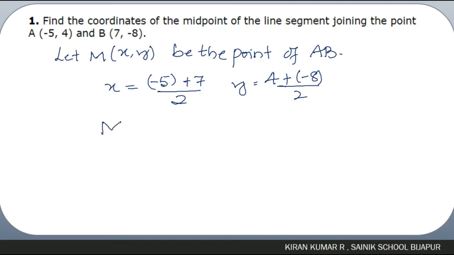So I can write M(x, y) equal to M(1, -2). Therefore, the coordinates of the midpoint is 1, -2.